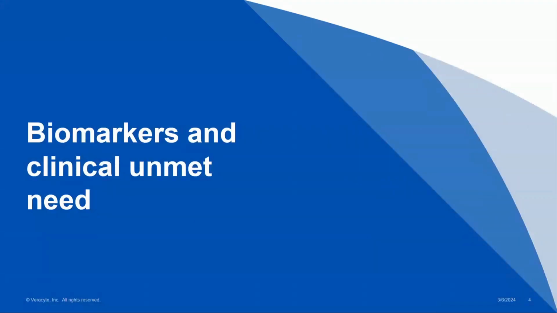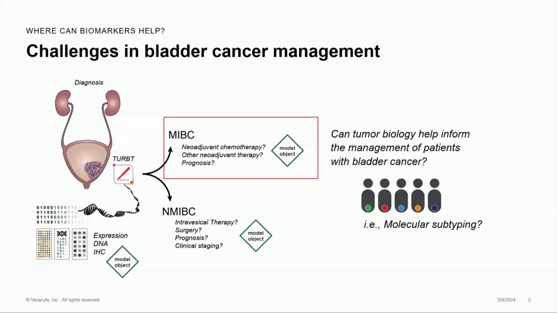So first, biomarkers and clinical unmet need. There are a lot of challenges in bladder cancer management. You can take your TURBT sample and do your MRI or CT scans, and you get an idea of the clinical stage and some estimate of the risk of progression, or how aggressive the disease is.